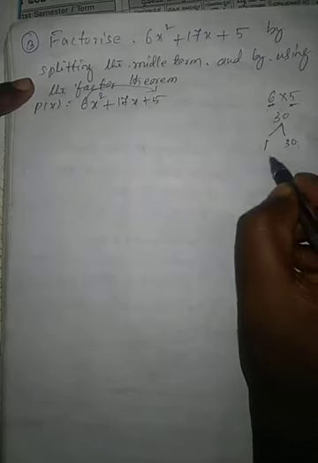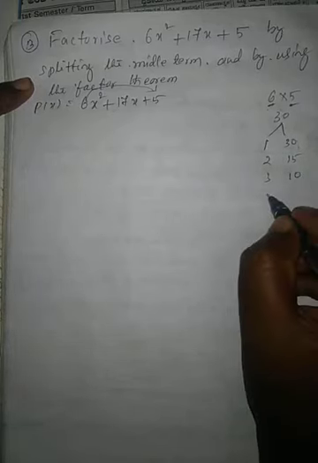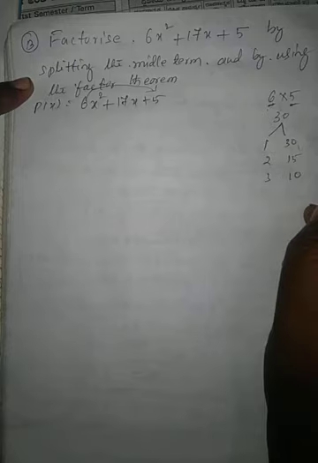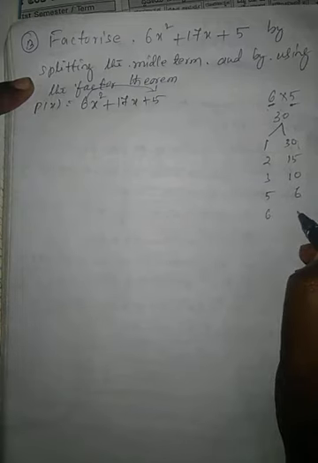Now you have to find the factors of 30: 1 into 30, 2 into 15, 3 into 10, and 4 is not a factor of 30, then 5 into 6, as well as 6 into 5. These are the factors of 30.